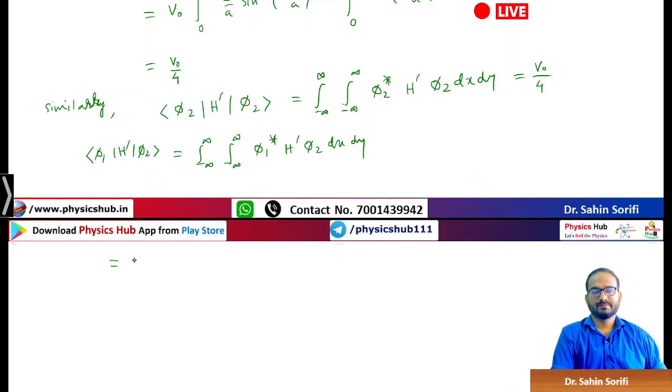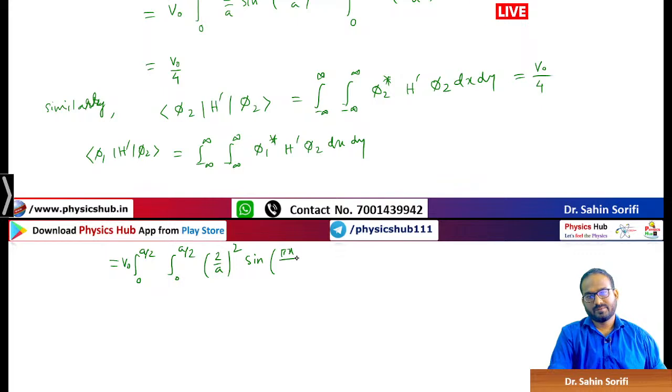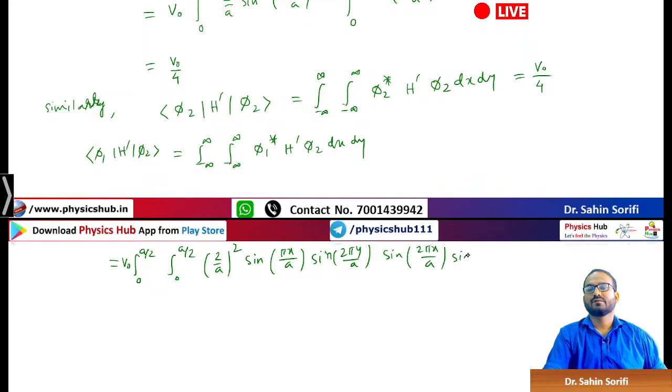This will be equal to V naught, which will come from h prime, 0 to a by 2, 2 by a whole square will come, phi 1 star, so sin pi x by a sin 2 pi y by a, phi 2 sin 2 pi x by a sin pi y by a, then dx dy.